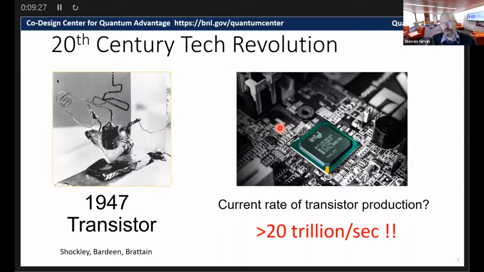It's more than 20 trillion transistors per second, every minute of every hour of every day of every week. It's just a stunning number. And obviously, if you're going to make 20 trillion per second of anything, those things had better be pretty small or you'll run out of stuff. And it's just an amazing technological advance from here to 70 years later, to this area.